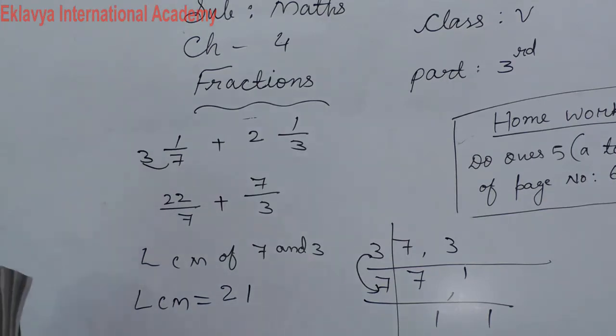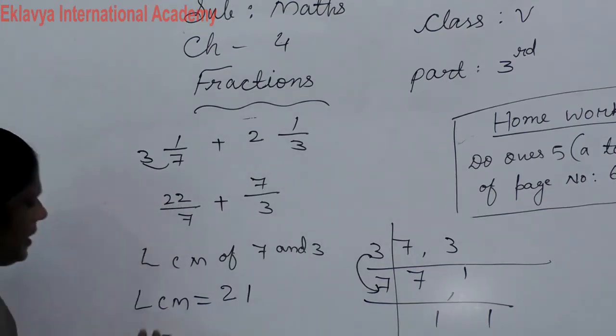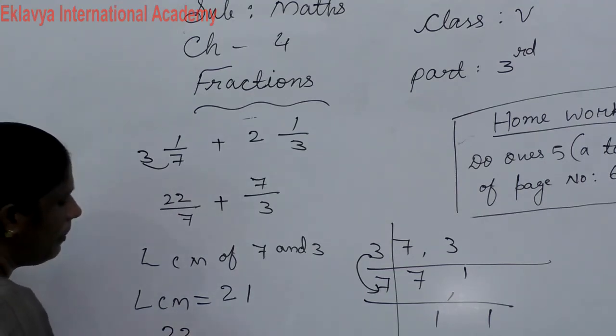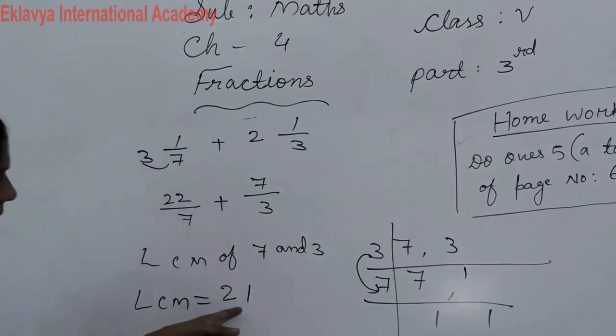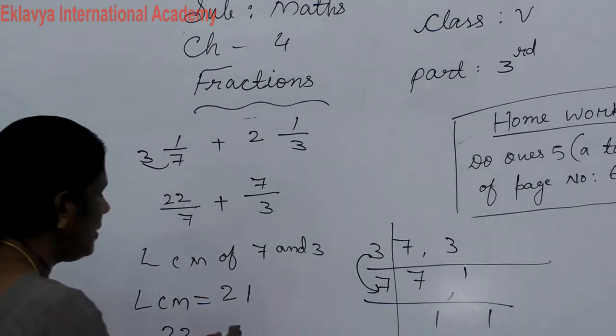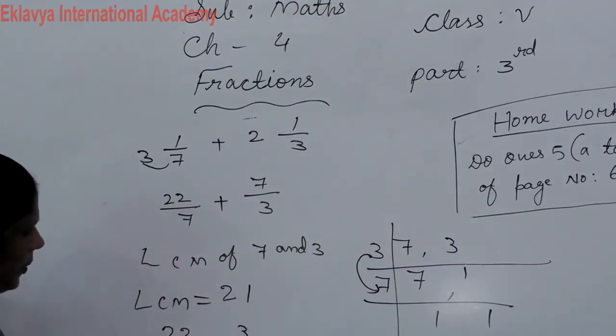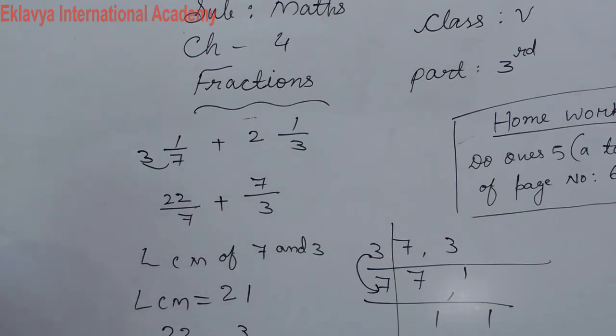Next step, first we write this fraction 22 upon 7 multiply. Next, LCM divide by denominator, that is 21 divided by 7. How many times? 3 times. Here also 7 upon 3 multiply.